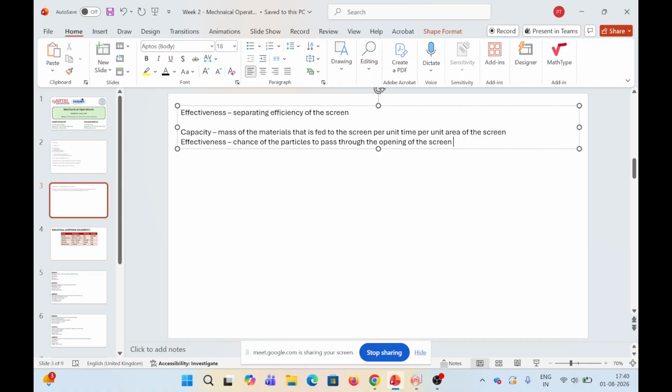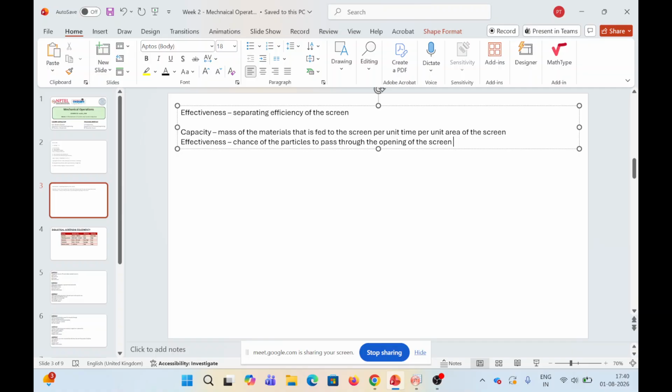The major reason is that when you add a large amount of material, it may stick together due to cohesive forces or the presence of moisture, and when they stick together they form a larger size. That size then does not match the screen opening, and they remain on top of the screen without passing through.